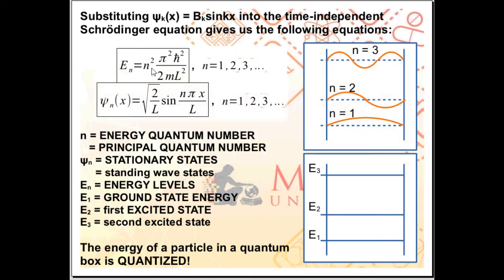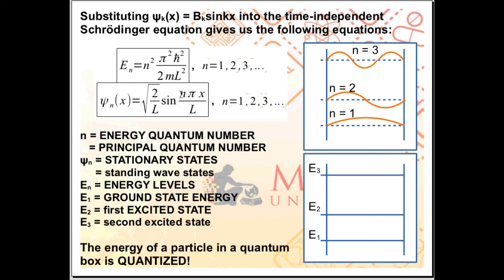En is equal to n squared pi squared h bar squared over 2mL squared, and psi n of x is equal to square root of 2 over L times sine of n pi x over L, where n again is equal to 1, 2, 3, 4, 5, 6, and so on. n is referred to as the energy quantum number or the principal quantum number.